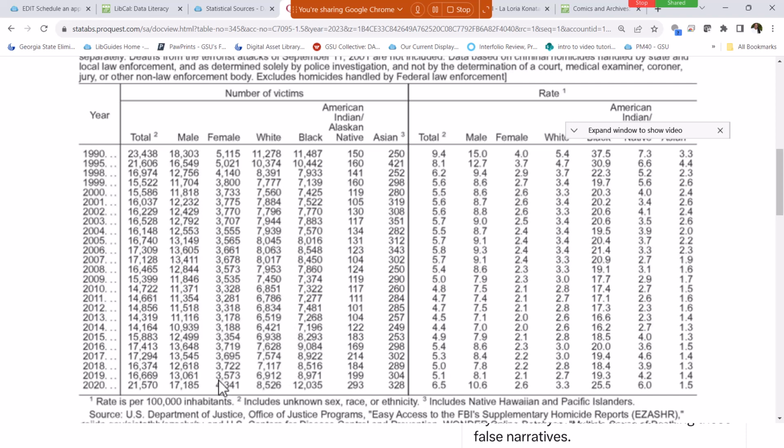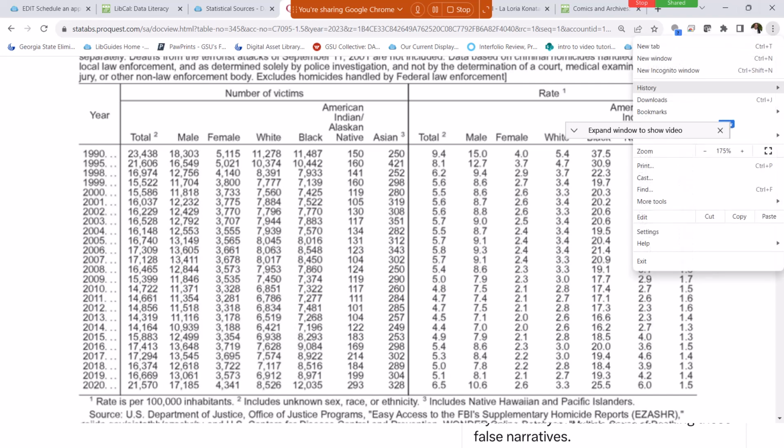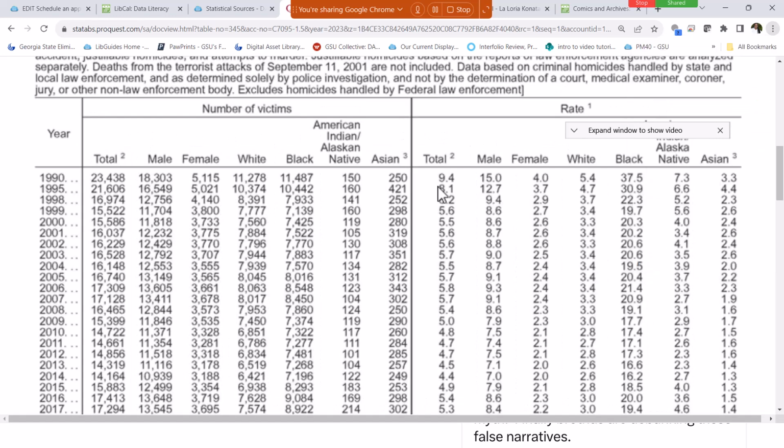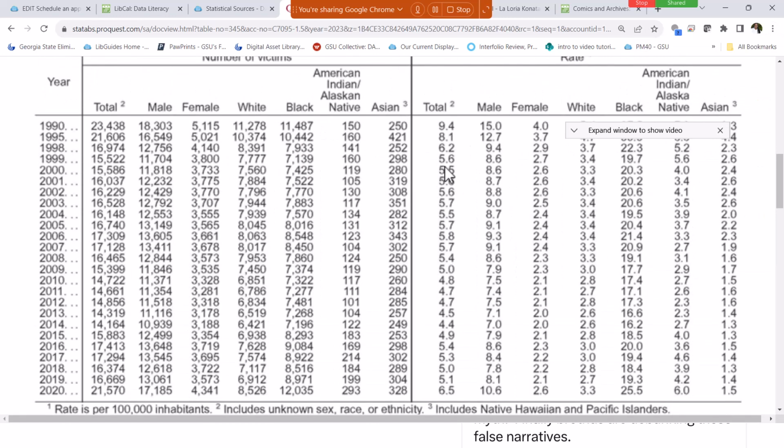So there's that 35. Let me make that bigger, make sure you can see it. The number of female, we verified that number, 3,573.